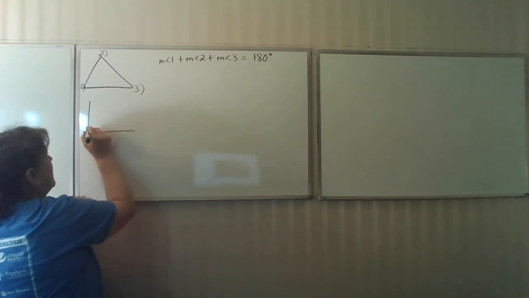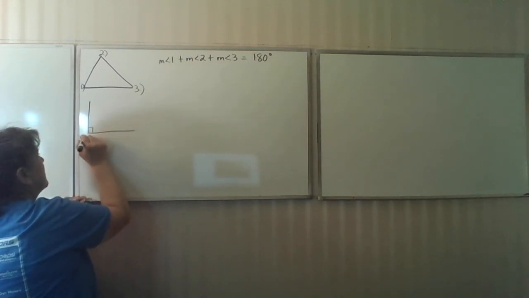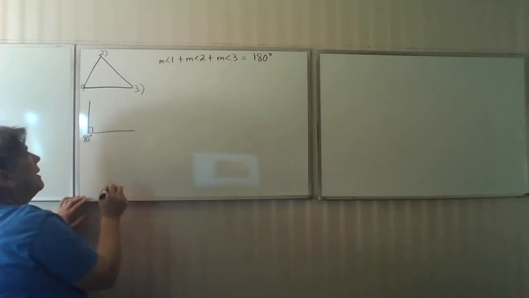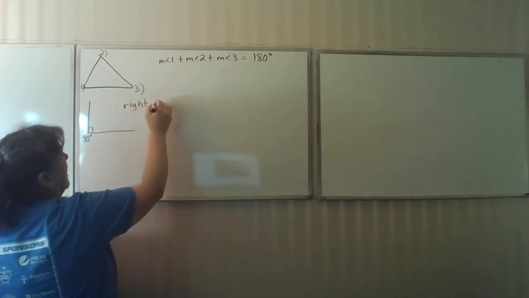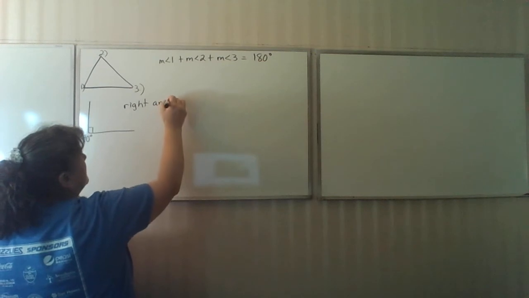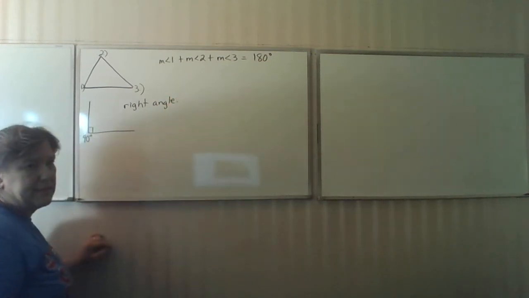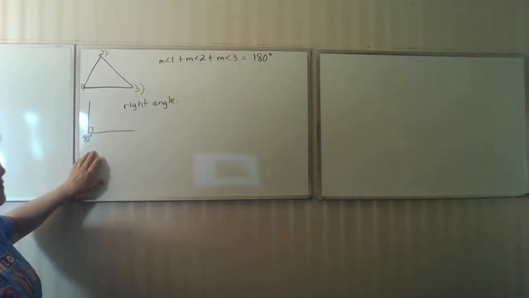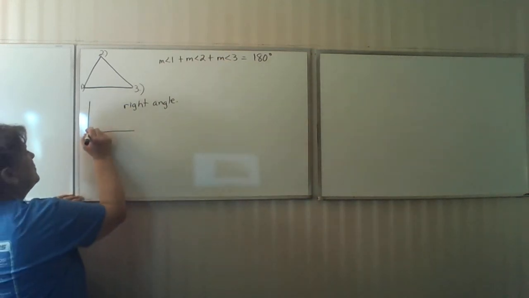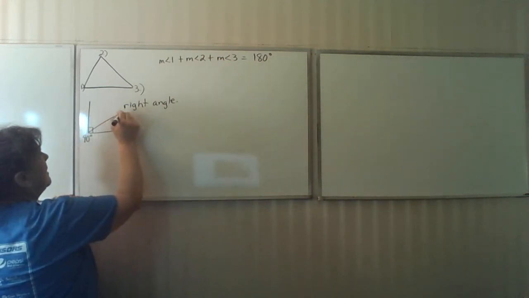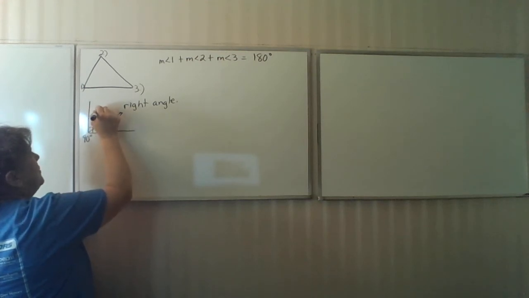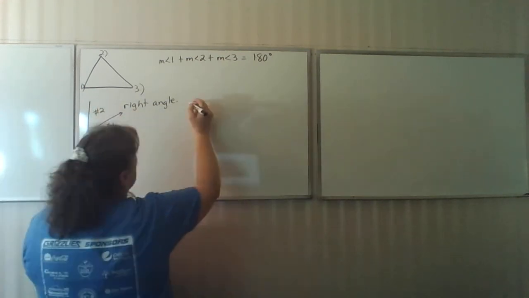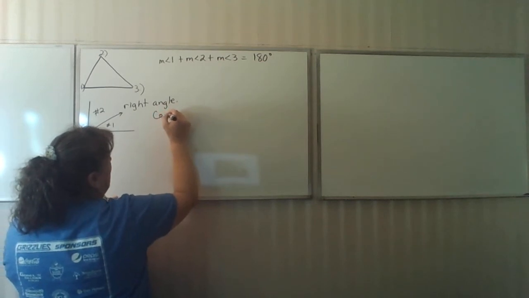A 90-degree angle designated by a little square in the corner is called a right angle. And a right angle is 180 degrees. Not 180, it is 90 degrees. And if we have two angles in here, angle number 1 and angle number 2, these angles are called complementary angles.